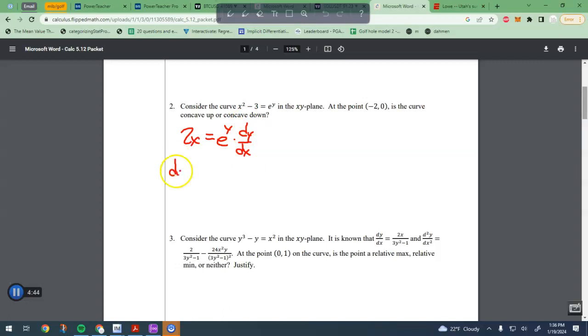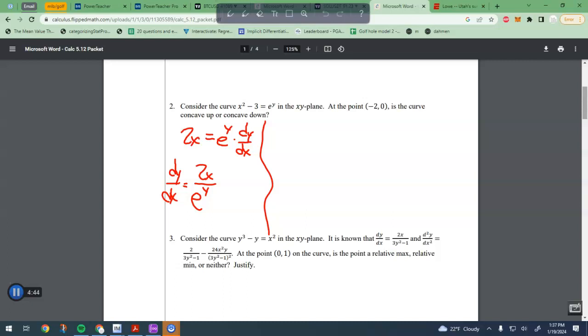So to solve that for dy dx, it's going to be 2x over e to the y. So far so good. Now I've got to take the derivative of that, but that's going to require quotient rule. So I've got to do fig minus gif.